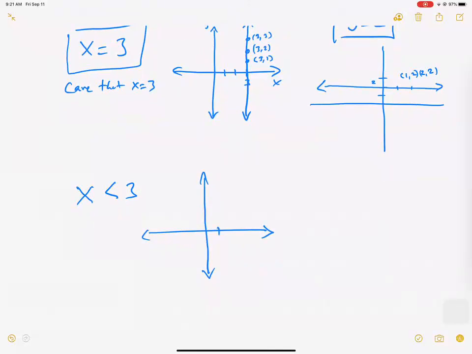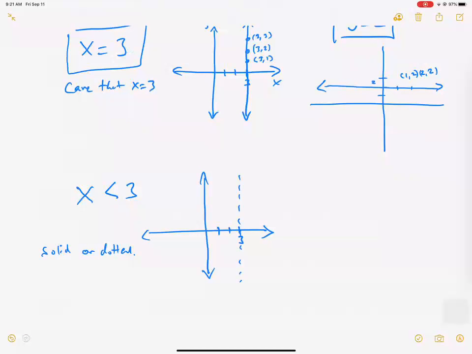So x is 1, 2, 3. The follow-up question is, would this be solid or dotted? Well, am I allowed to be on 3? No, this has to be strictly less than 3. So we draw a dotted line.